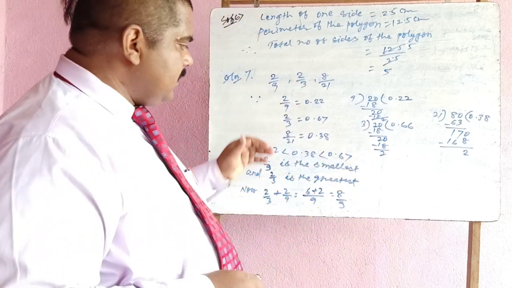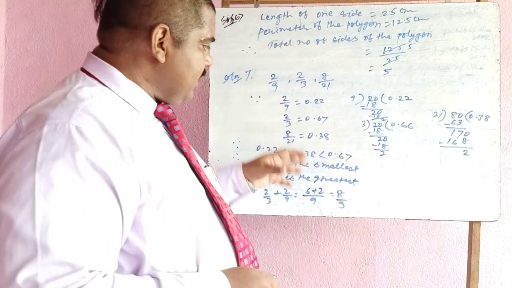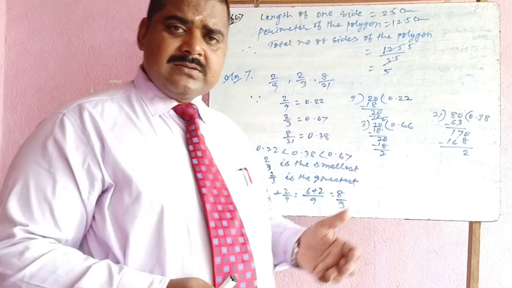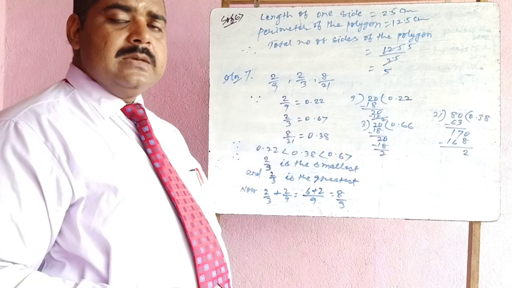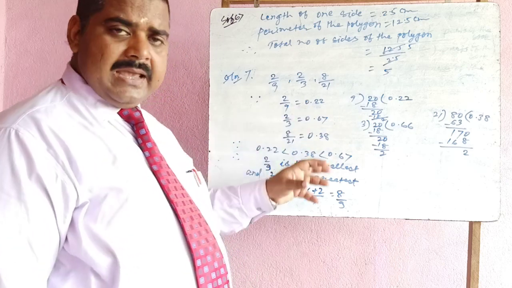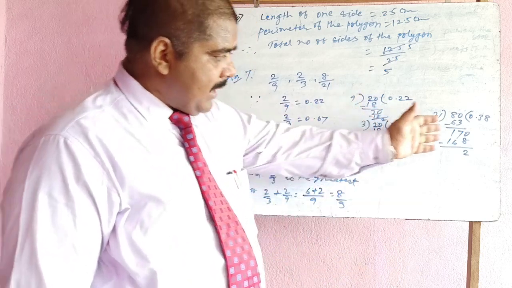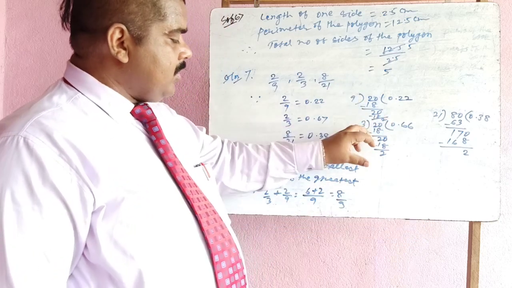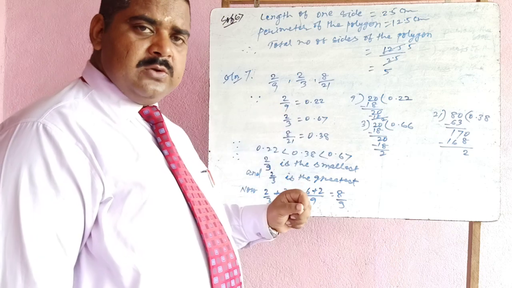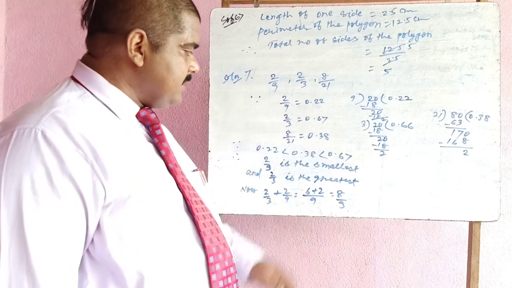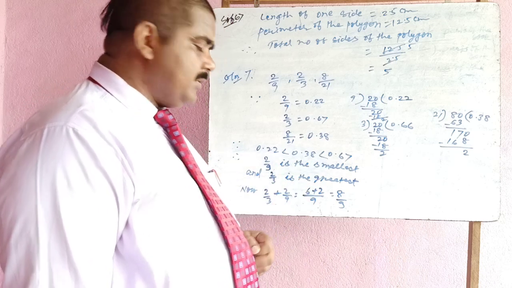To compare which one is largest and smallest, it is better to convert into decimals, and I have taken 2 decimal places, which is approximate. I divided in rough, and on division you get 2/9 is equal to 0.22, 2/3 is equal to 0.67, 8/21 is equal to 0.38.